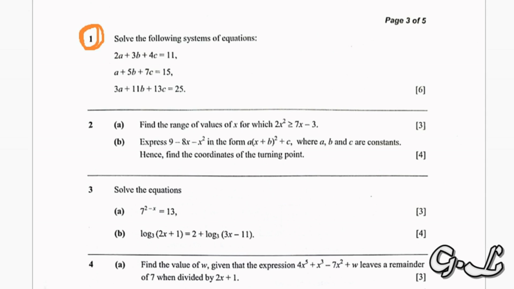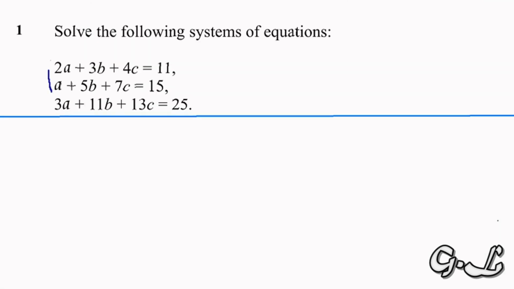So now let's quickly get into the solving. The question is to solve the following systems of equations. If you are given three equations like this, what you have to do is select a set. In such a case, we're going to start with the first and second equation.